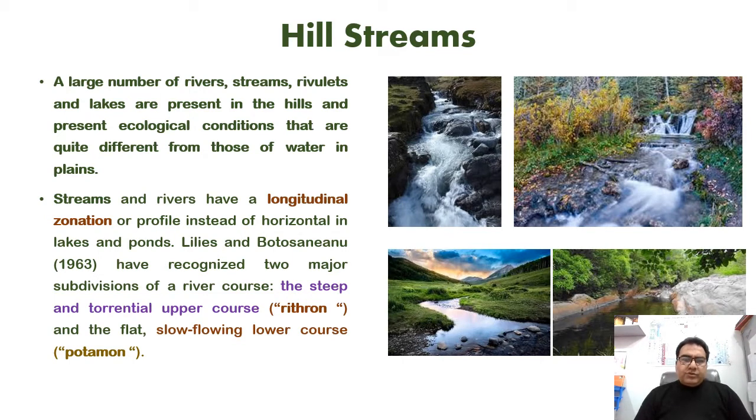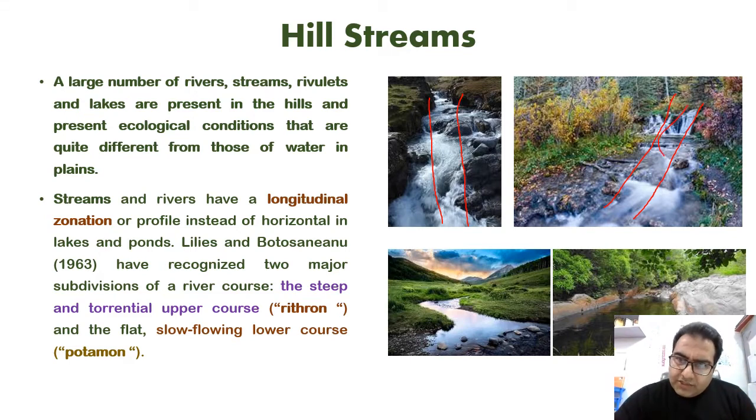Illies and Botosaneanu, in 1963, recognized two major subdivisions of a river course. First, the course which is very steep and torrential, which comes from the higher to the lower in a very fast direction.